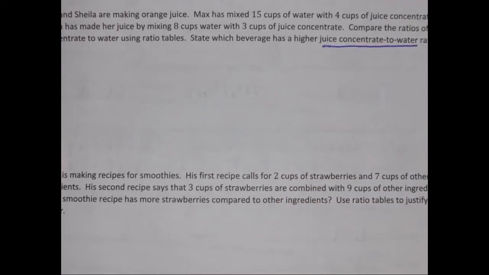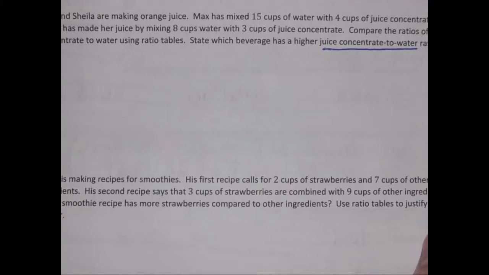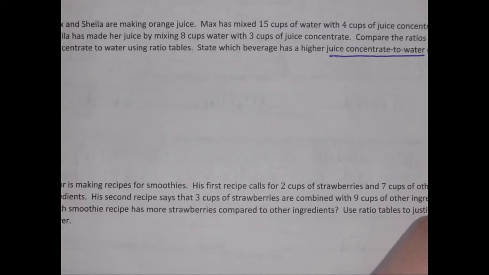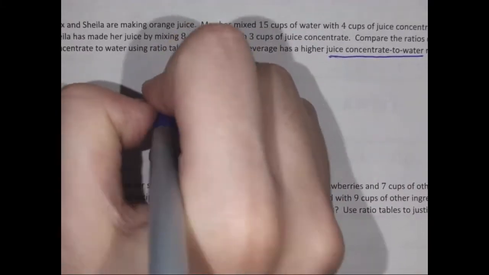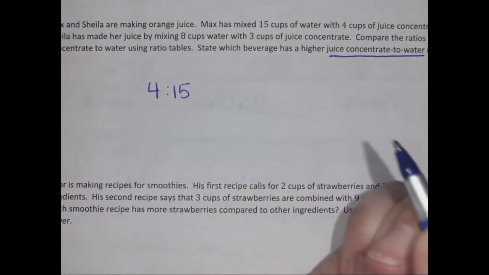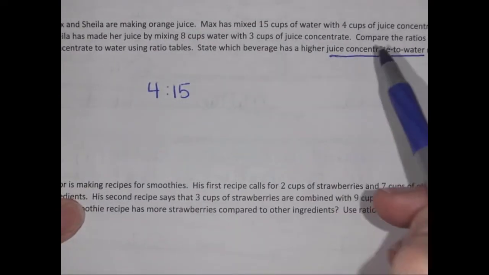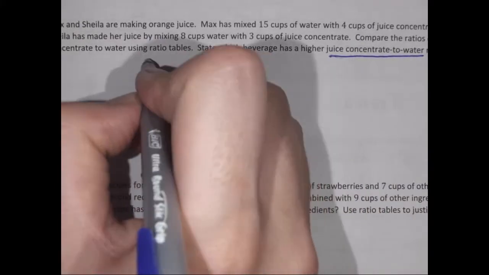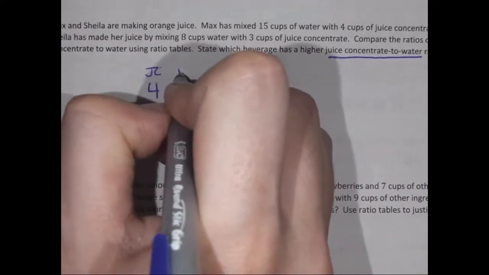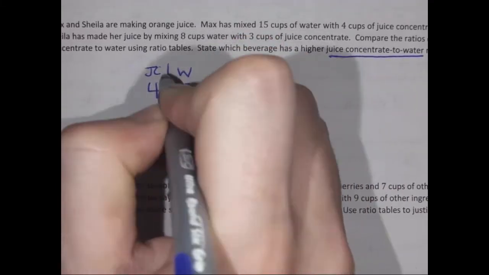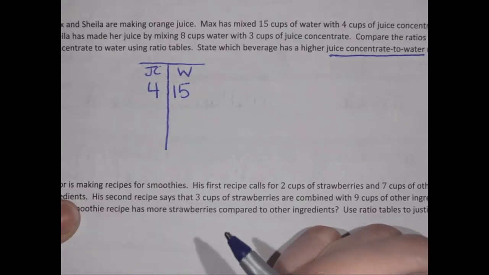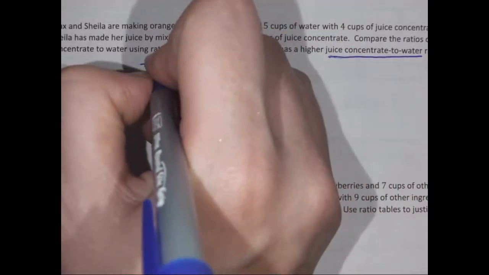So what value are we writing first? What value are we writing first, Itzel? 4 to 15. Now why did you write the 4 first? Because it says from juice to water. Yes, it says juice concentrate to water. So our ratio tables are juice to water. Now whose ratio is 4 to 15? Yes, Max.